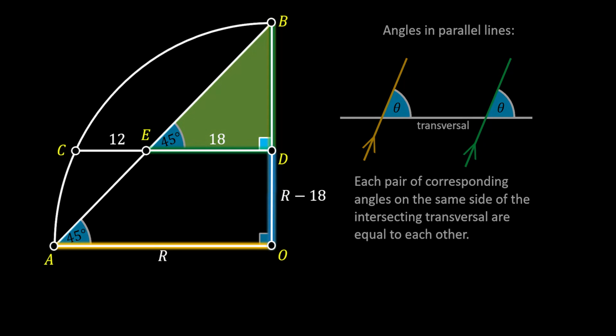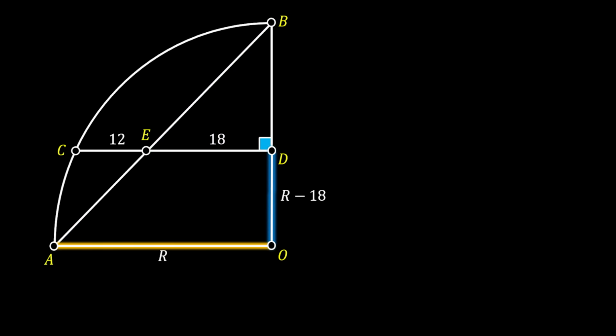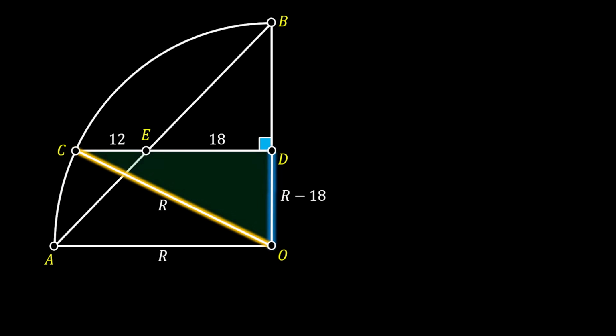Now, let's clear our image and finally let's rotate the radius OA to the point C. If we do this, you can notice that we will form another triangle CDO, and the angle at the point D equals 90 degrees, so the angle at the same point on the other side must be 90 degrees as well. And this means that our triangle CDO is actually a right-angled triangle.